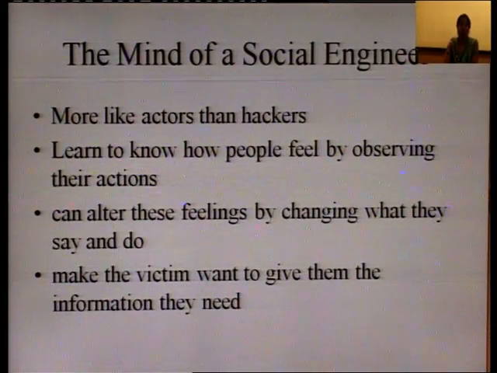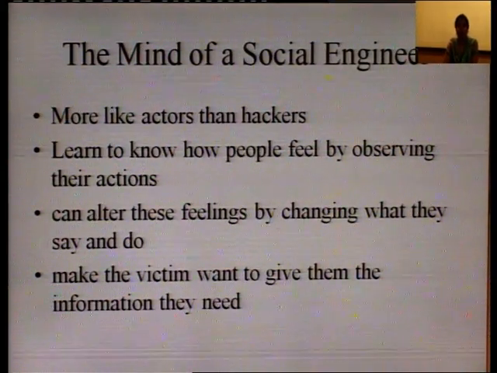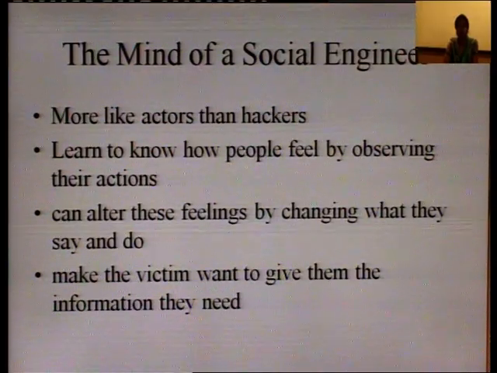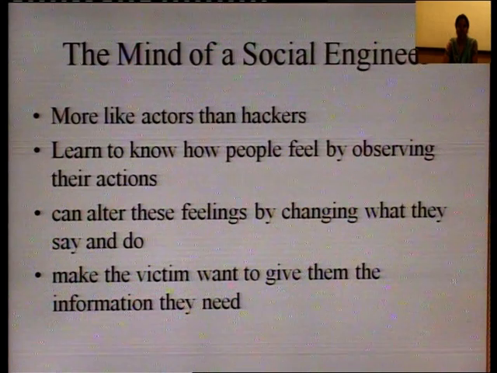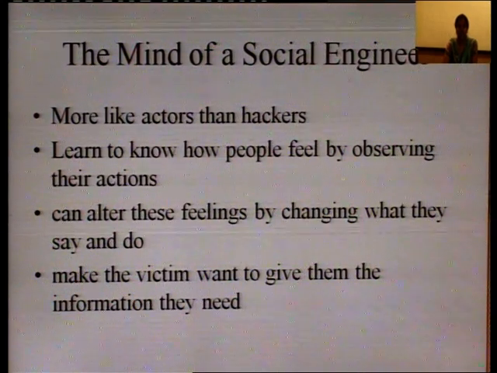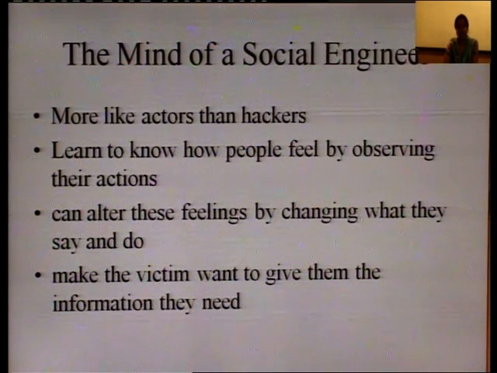So here we will discuss what is in the mind of the social engineer, how they take you in, how they hack you, how they build confidence over you. These types of social engineers are not hackers, they are more like actors.